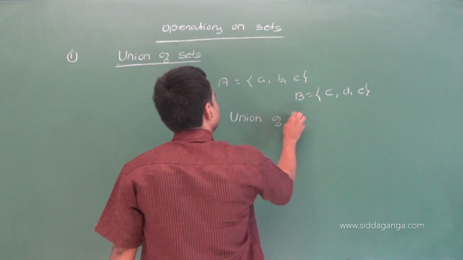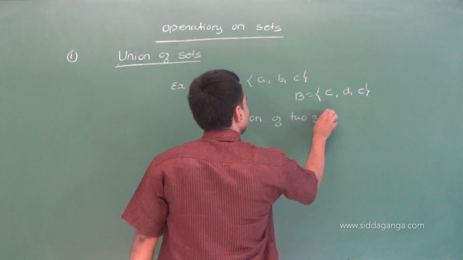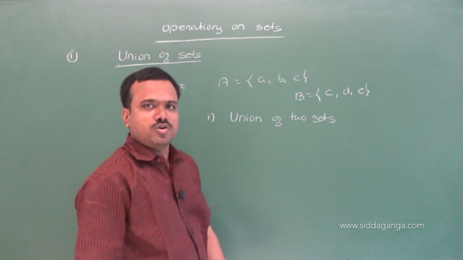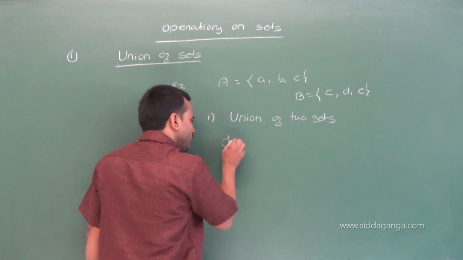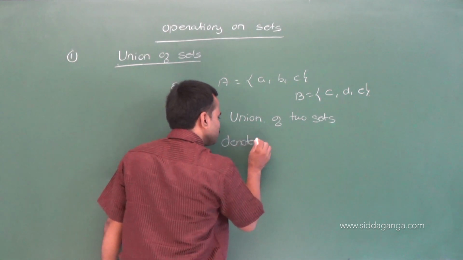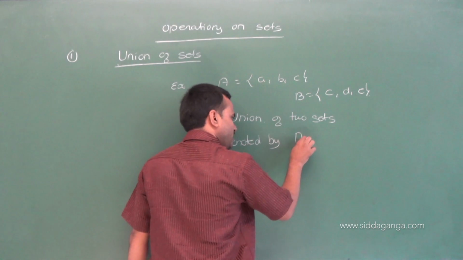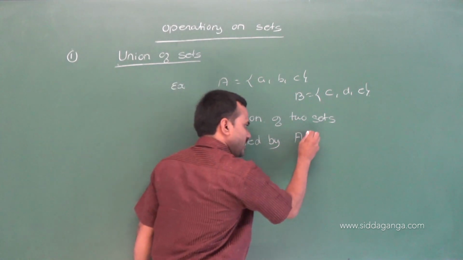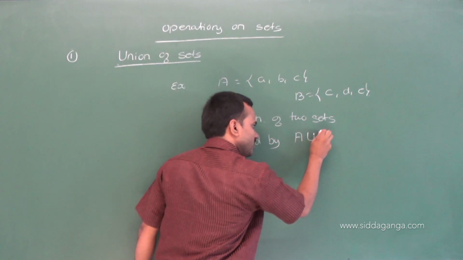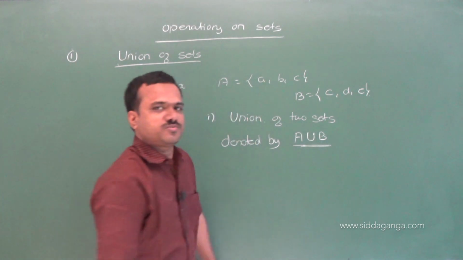Union of two sets denoted by A, then write capital U, then write B. This is very important.